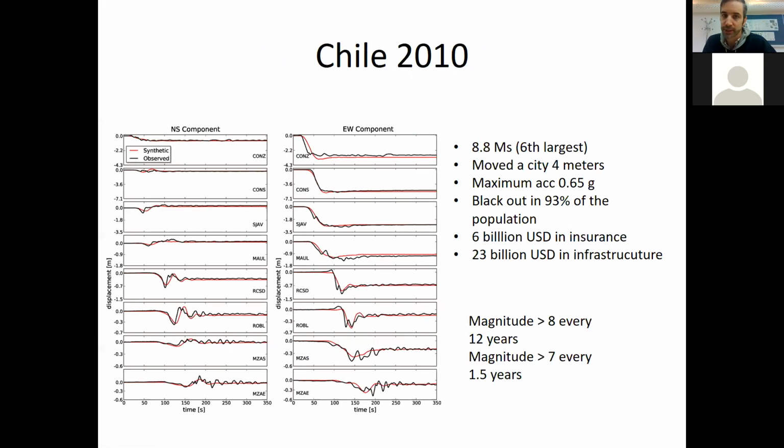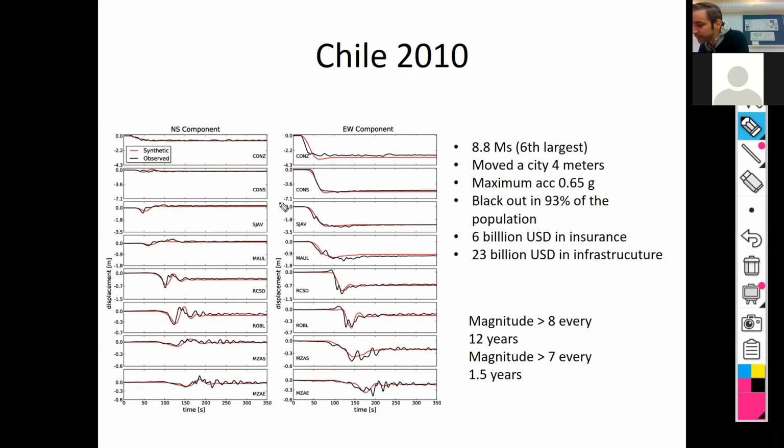They are measured in meters, but there are different magnitudes. So we had Concepcion, the city close to the epicenter, where the city moves 7 meters or something like that. While these other cities that bounce back, if we take, for example, this one, the movement is under a meter, right? It moved a maximum of 0.7 meters. And then it went back to maybe 0.2 meters, like this line here.